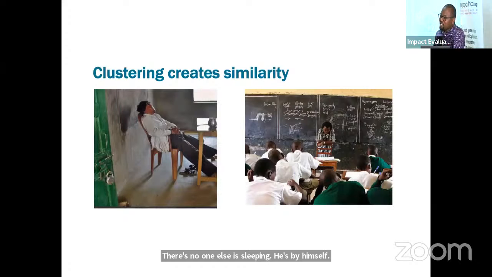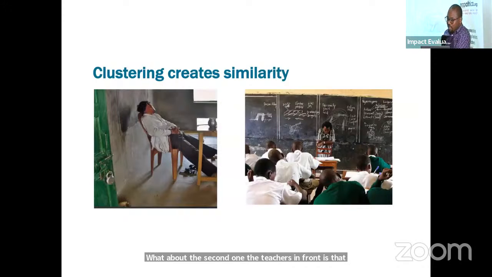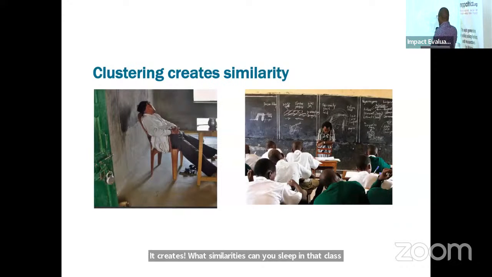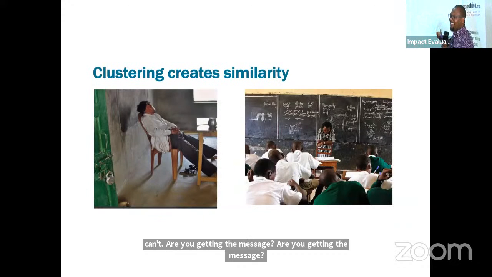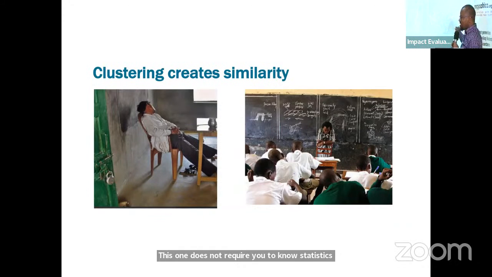The teacher in front is writing, everyone else is writing, right? It creates what? Similarities. Can you sleep in that class? Can you sleep here like the way he's doing here? He can't. Are you getting the message? This one does not require you to know statistics. This one is very straightforward. Are we together?